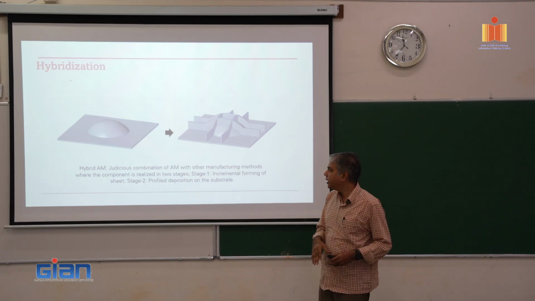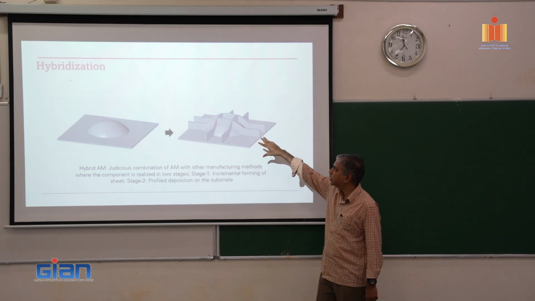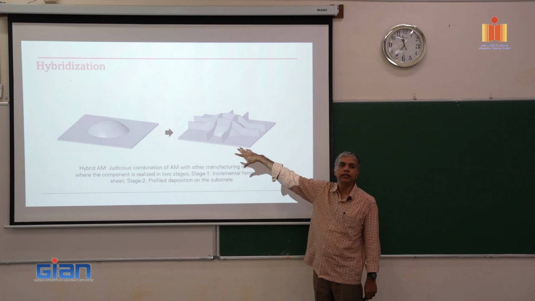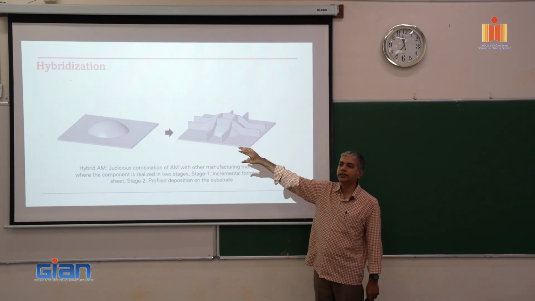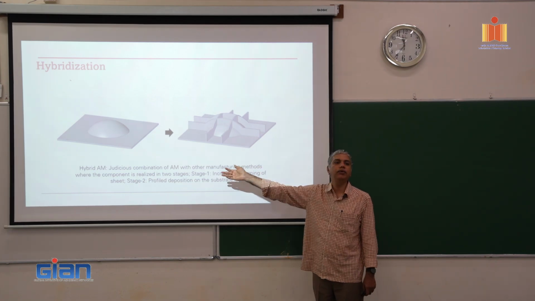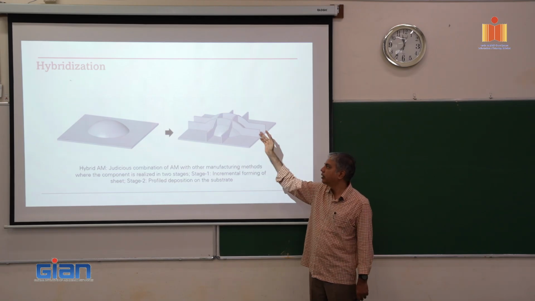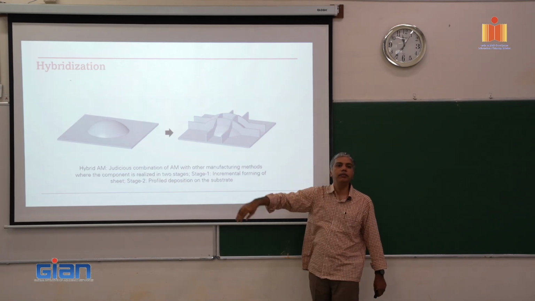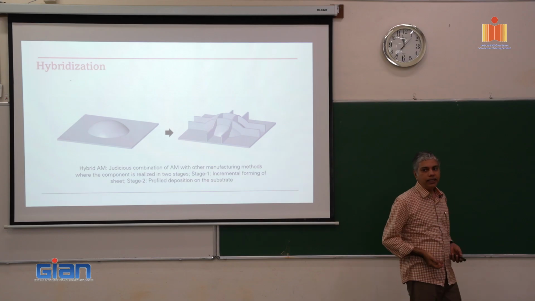So although you can achieve this object using additive manufacturing, there is a lot more material removal and machining required to get the final shape, because you have to scoop out the material from the bottom, the support material, etc.